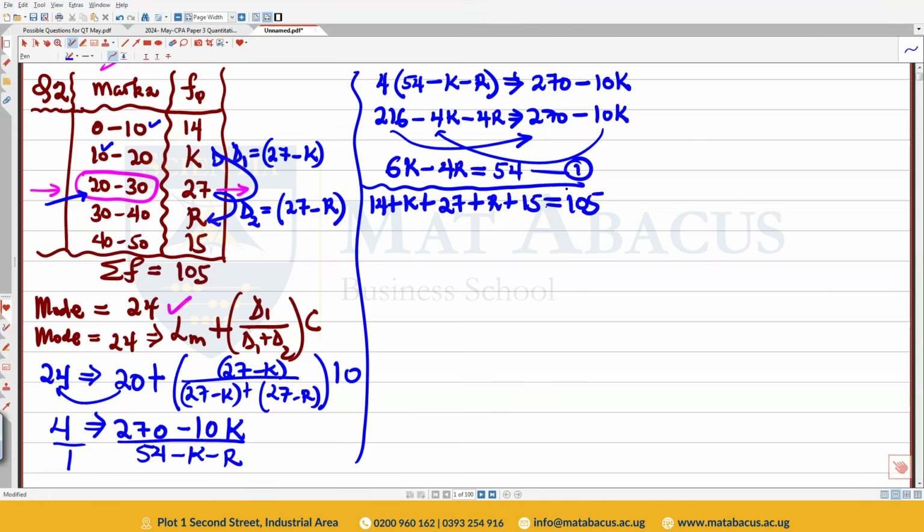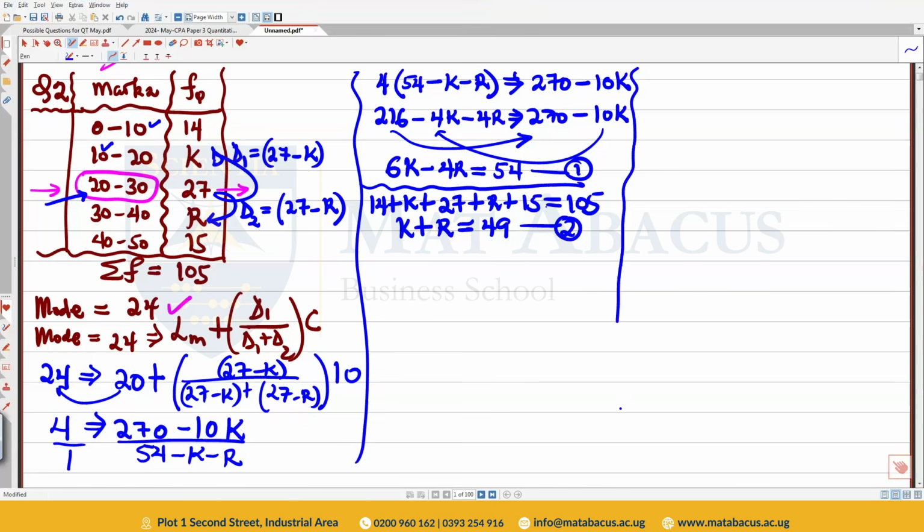So you add them. 14 plus 27 plus 15 equals 56. So what is 105 minus 56? It gives you 49. So we have K plus R equals 49, and this is equation number 2.